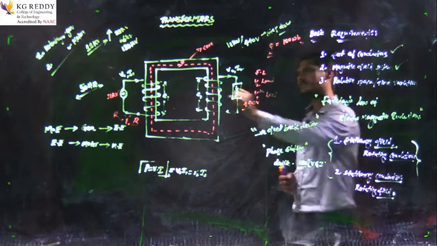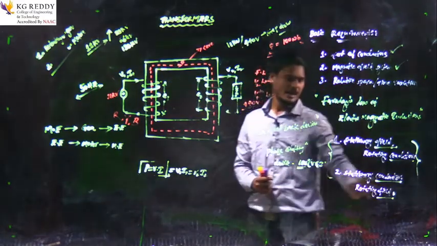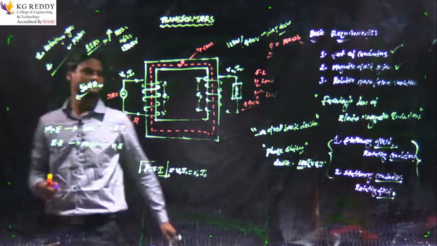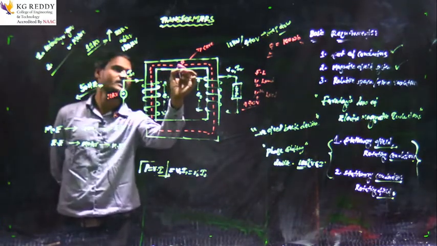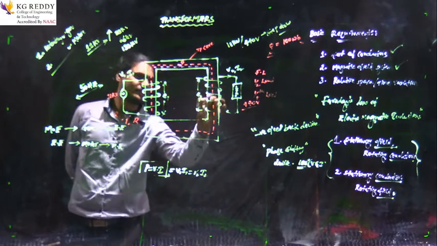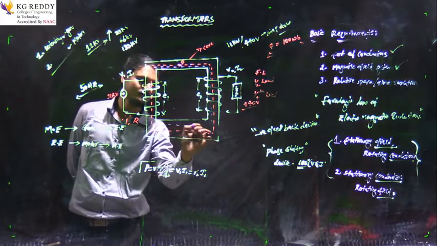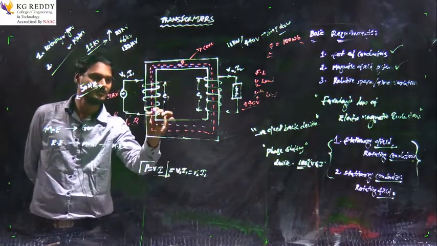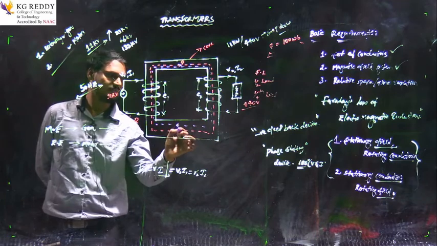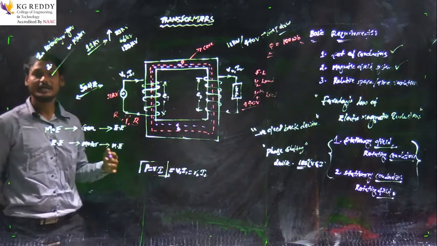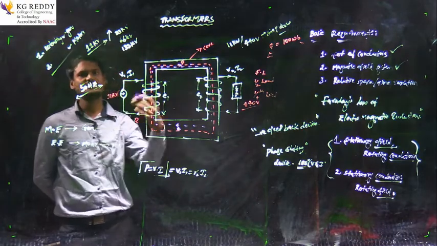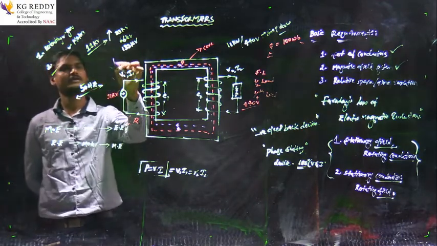Now, the conductors become stationary and the field is rotating. Now, you can observe here, the field is rotating. The dotted line represents the magnetic field. So, this magnetic flux always changes with time, it doesn't have a constant value, it is an alternating quantity. Why?